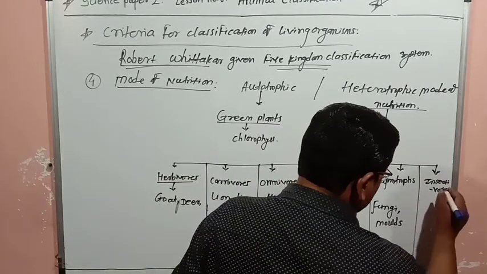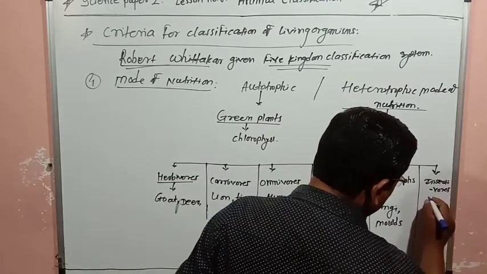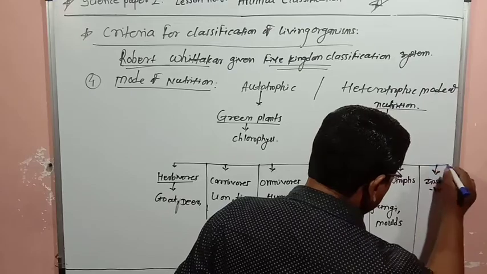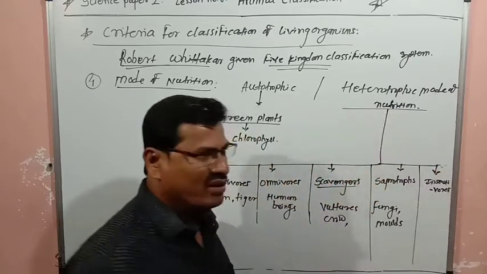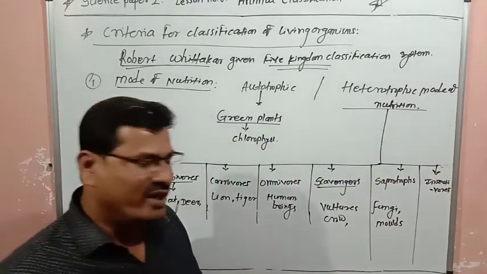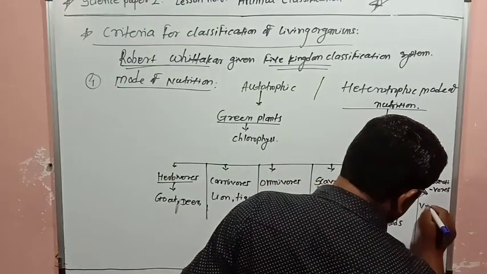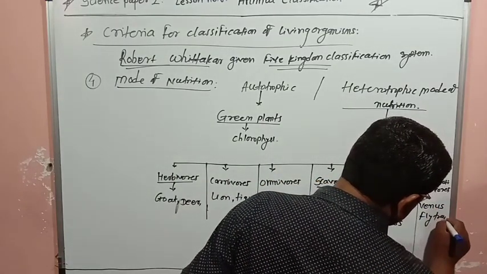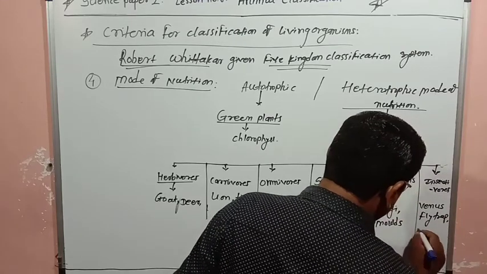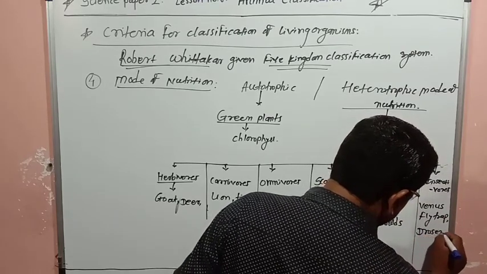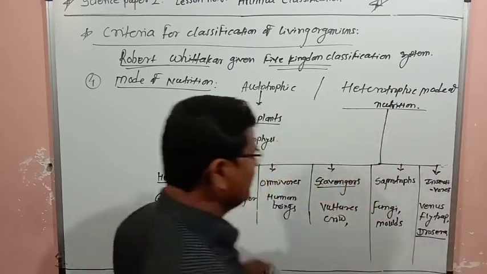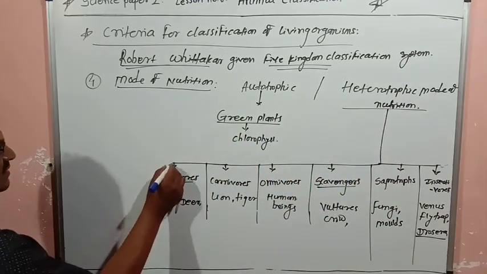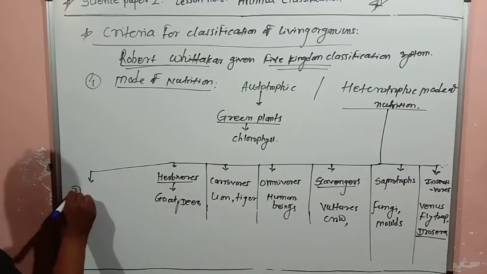Again, you can give insectivorous plants, in that you can give the example: Venus flytrap, Drosera. And at last, decomposers are also there.